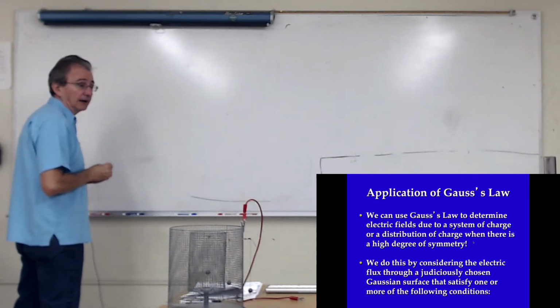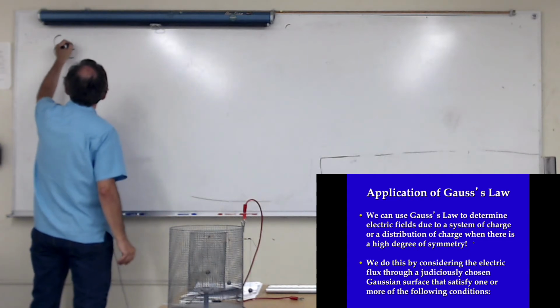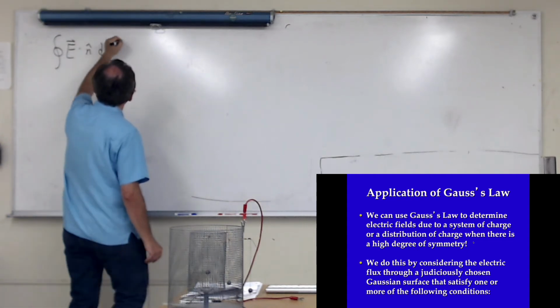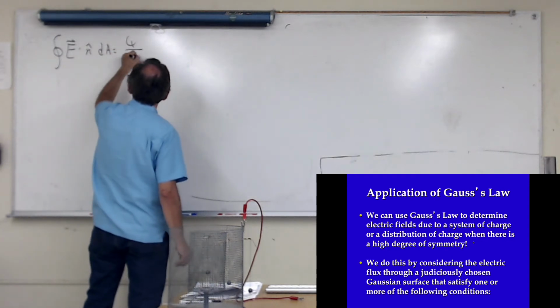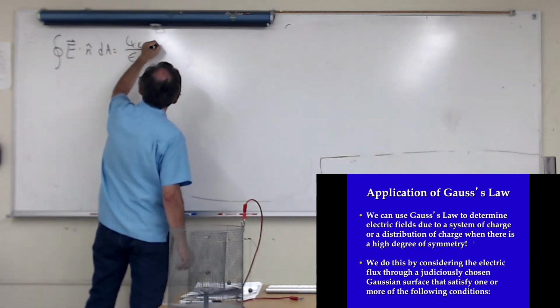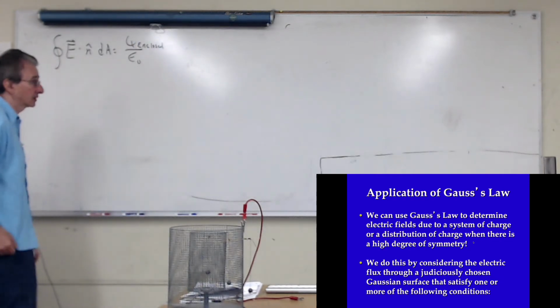Okay, we'll write this down. The integral of E dot n dA is Q over epsilon naught. This is Q enclosed, whatever charge is enclosed inside the surface.